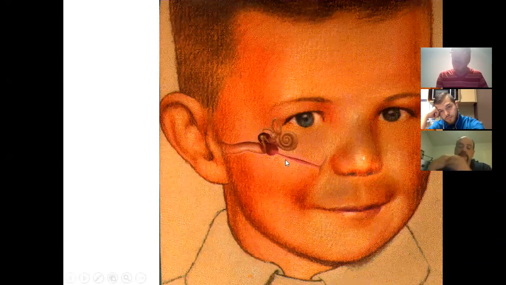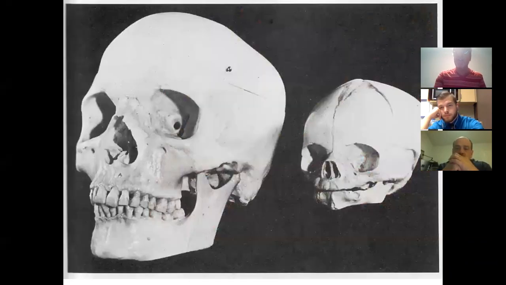But this is why children are more susceptible to earaches and ear infections than adults. And you might recall having earaches or ear infections as a child, but most people grow out of them as you get older, and you don't get them as much anymore. And it has a lot to do with the shape of the skull. It's kind of interesting, just as a note of passage here.